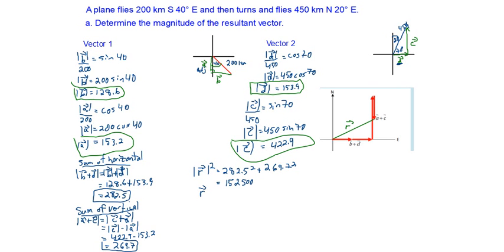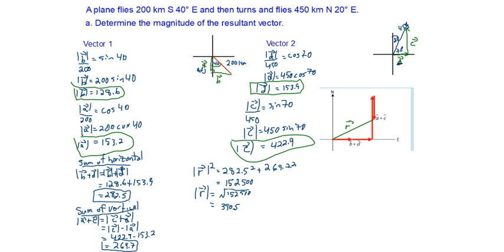I want the resultant, so I'm just going to take the square root of both sides. We want to take the square root of 152,500. And that is equal to 390.5, which matches up with the answer that we had last time.